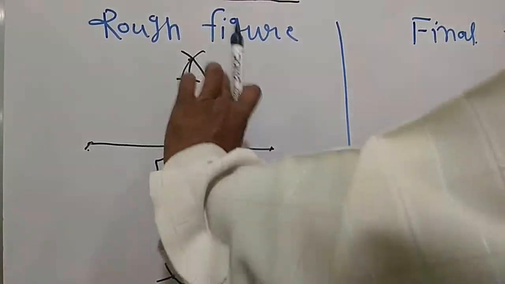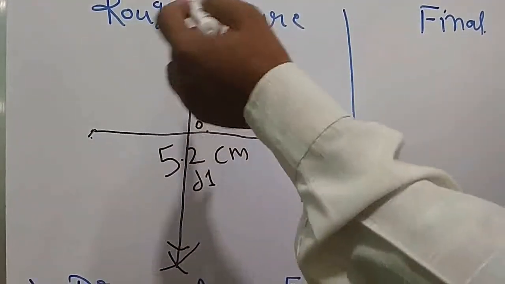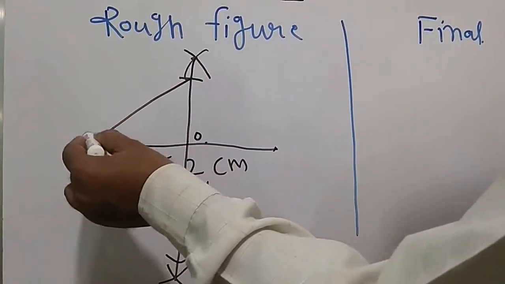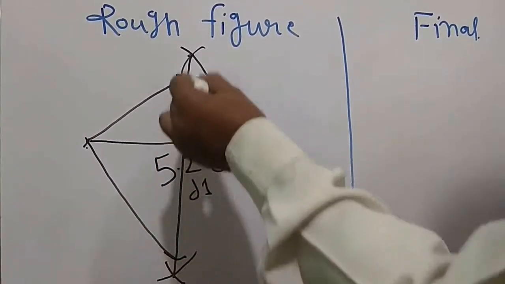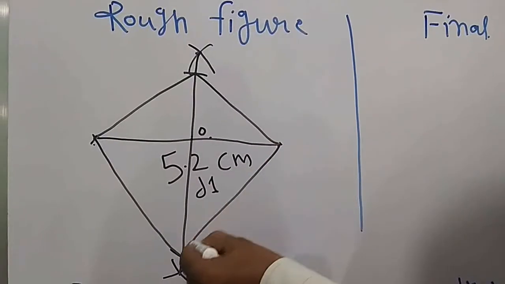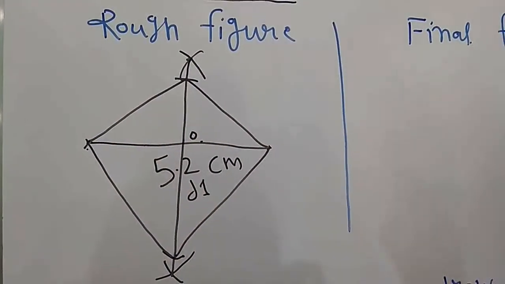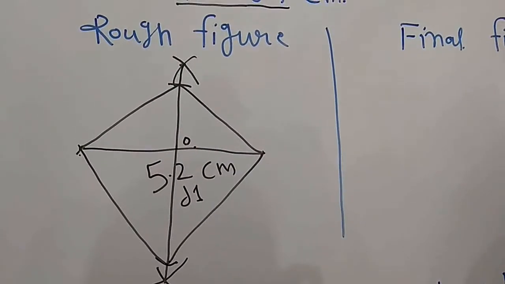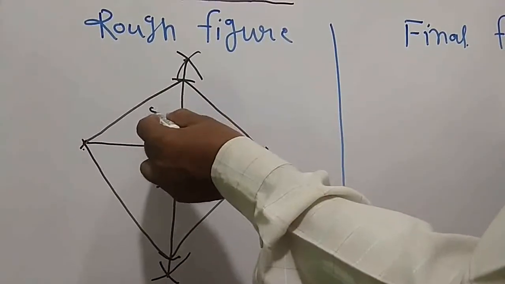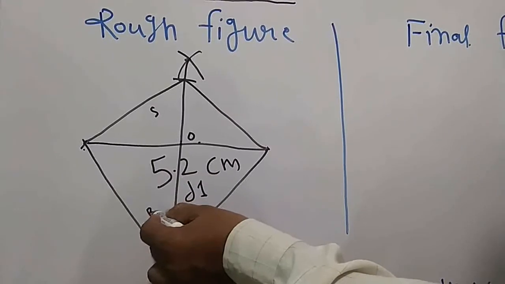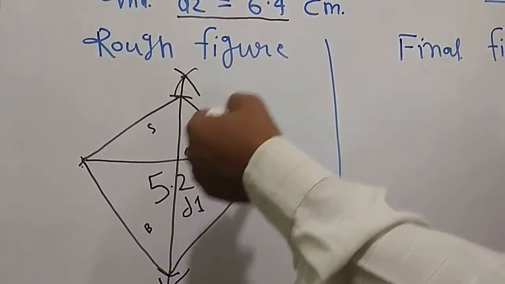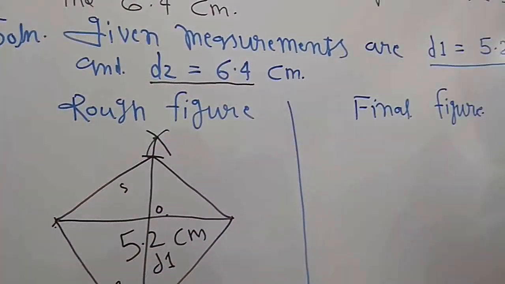Then we join these intersecting points with the ends of D1. In this figure, because it is a rough figure, the measurements are not proper. That's why it looks smaller in one place and bigger in another. But when you take the proper measurements, your figure will look the same on the upward and downward sides.